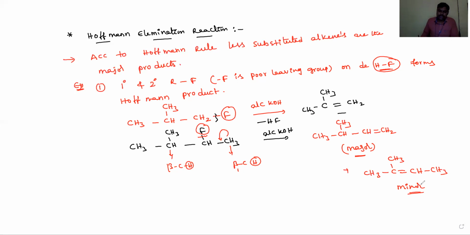Let's see another condition. The other condition is primary and secondary alkyl halides treated with a bulky base. The second one is primary and secondary alkyl halides reacting with a bulky base, meaning the base size is very big, so it cannot remove the internal beta hydrogen atoms.